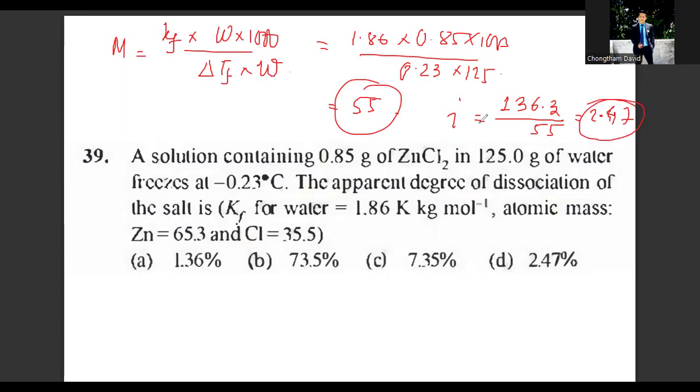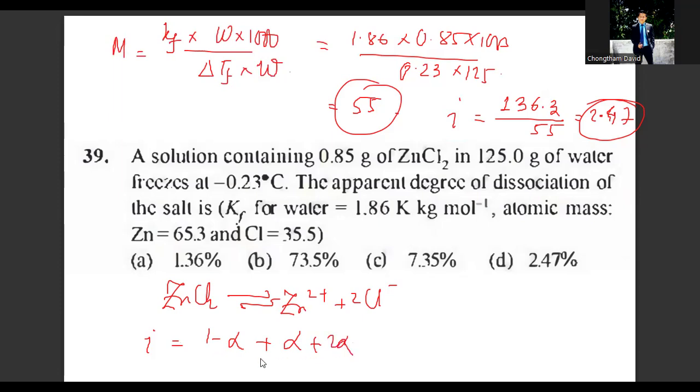2.47. So when this zinc chloride ionizes, it gives zinc ion and chloride ion. So the van't Hoff factor for this would be i equals 1 minus alpha plus alpha plus 2 alpha divided by 1.